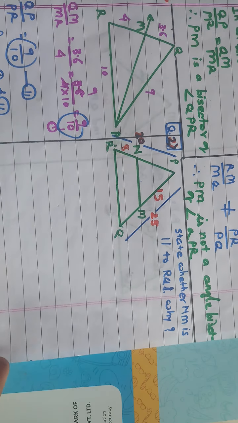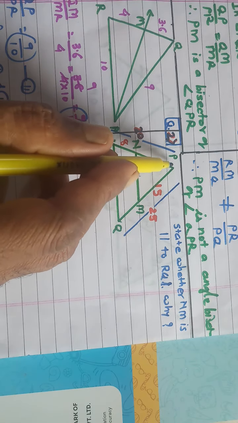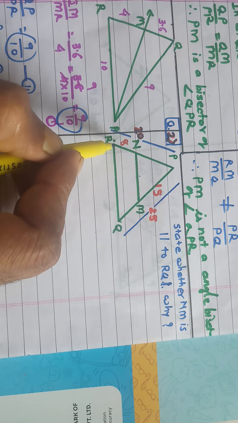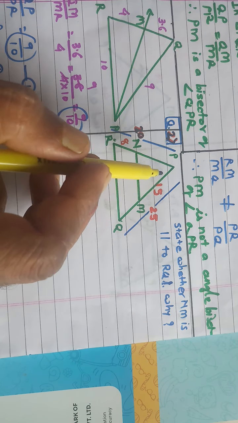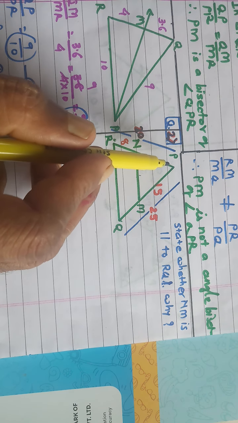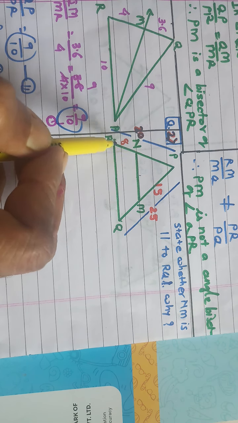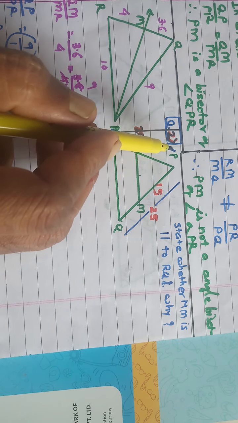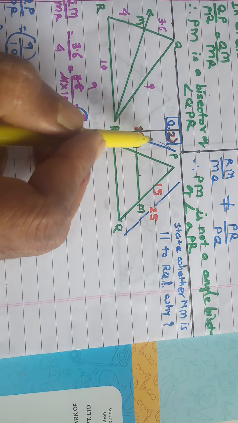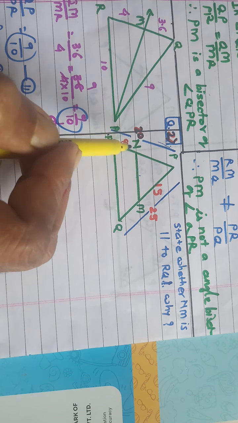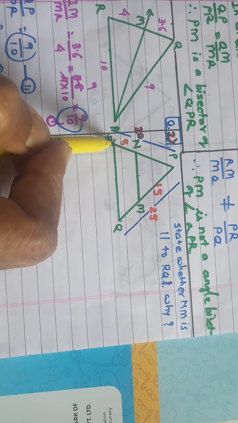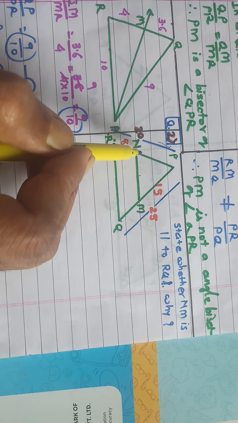Okay. Now, to check PN upon NR is equal to PM upon MQ, we need the length of all four segments. But here we have the length of the bigger segment, that is PR, and the smaller segment NR, but we don't have the length of PN.